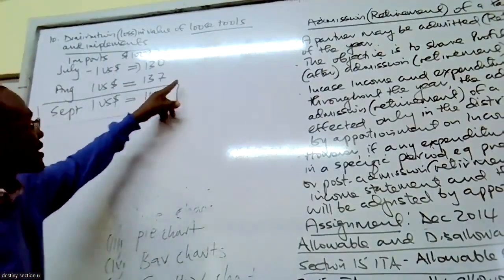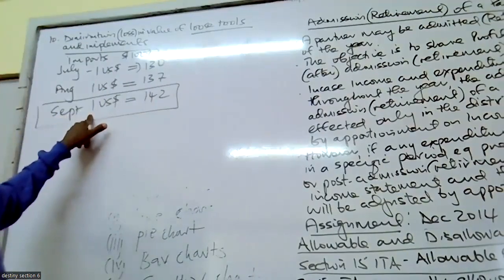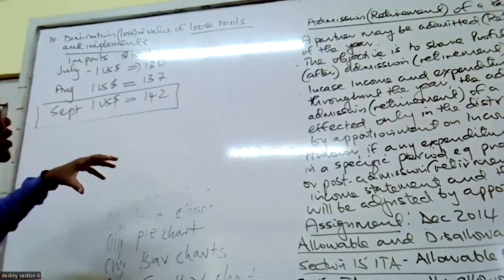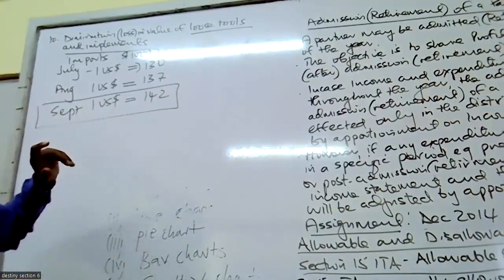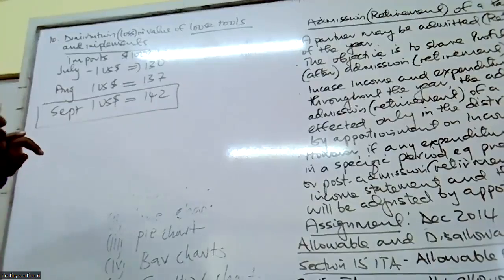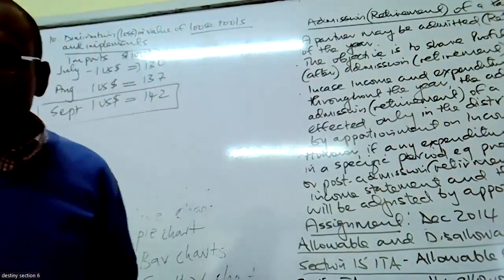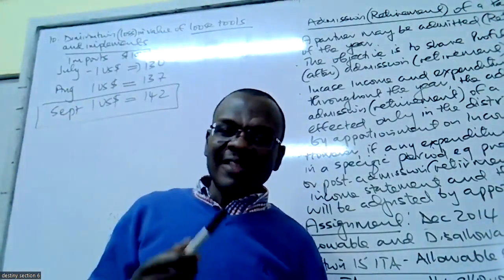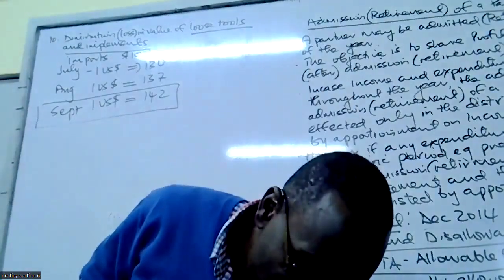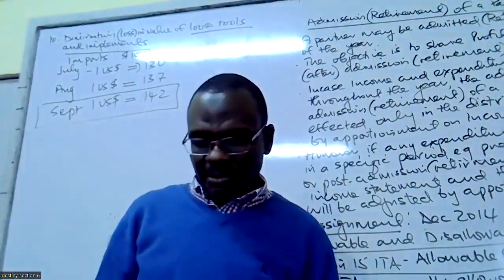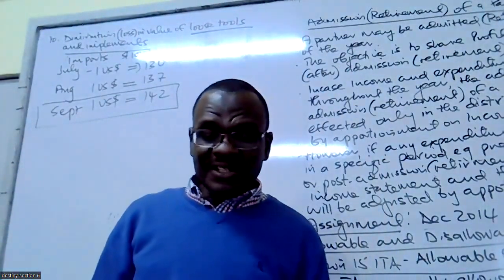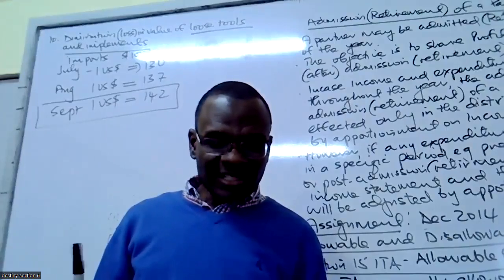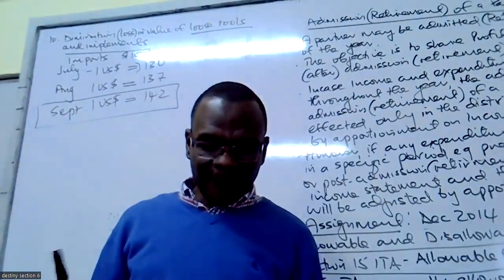But in September, they have a bigger loss. Now the debt has grown to 142,000, so there is 12,000 more they have to pay. That is called realized foreign exchange loss. That is allowed. You can charge that, but if it's unrealized, you will not allow that. So that was number 19.